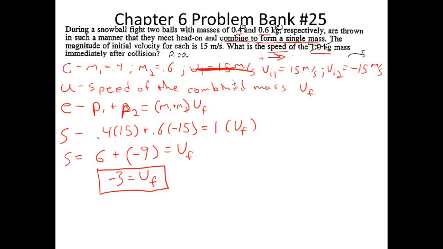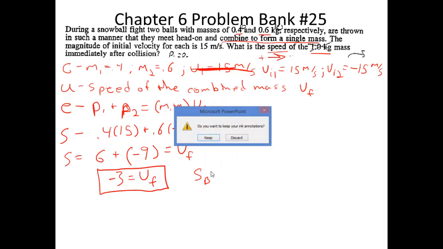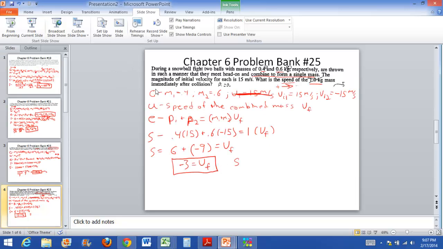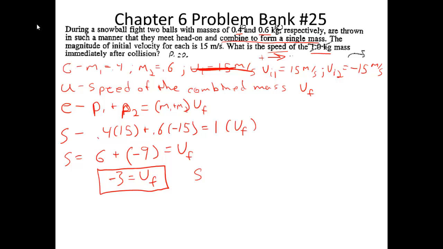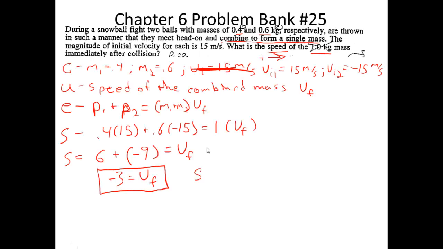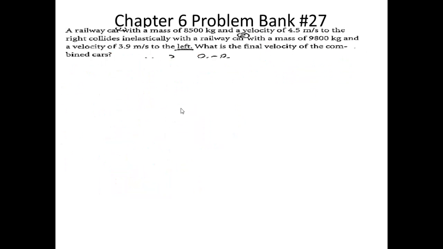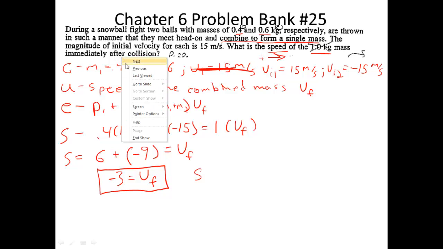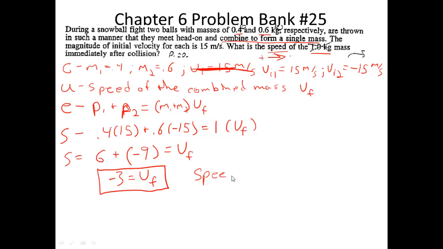So I guess we could say that the speed of the snowball is equal to 3 meters per second.